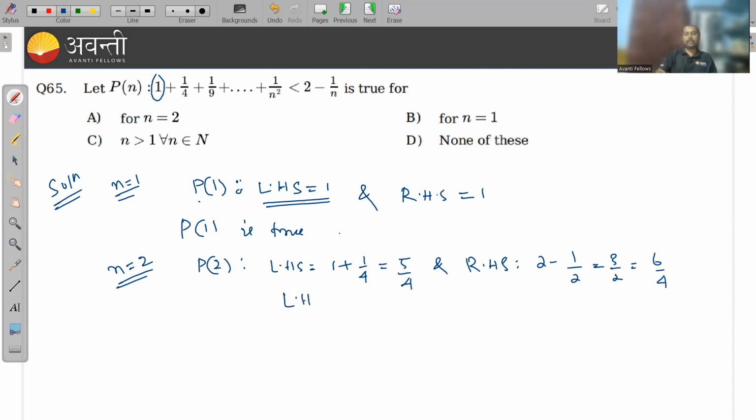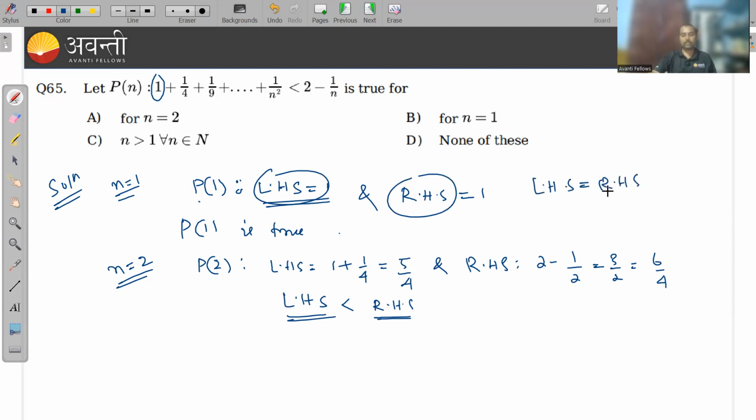So the left hand side becomes less than the right hand side. Oh, sorry, p of 1 is not true because they are equal. We are getting LHS equal to RHS, so the inequality is not true, so p of 1 is not true. But we are getting p of 2 is true.